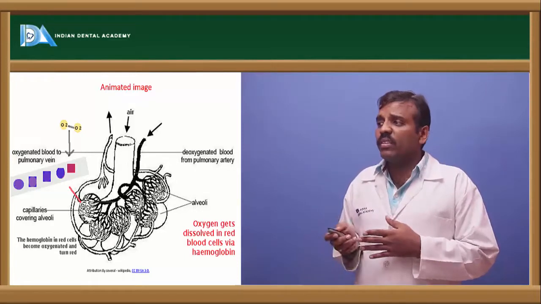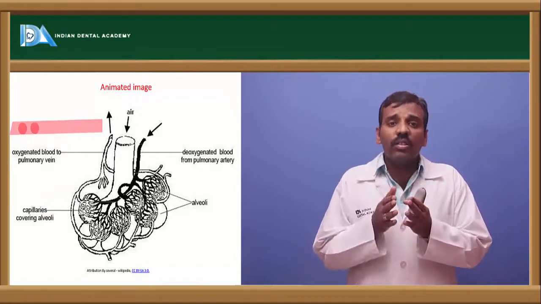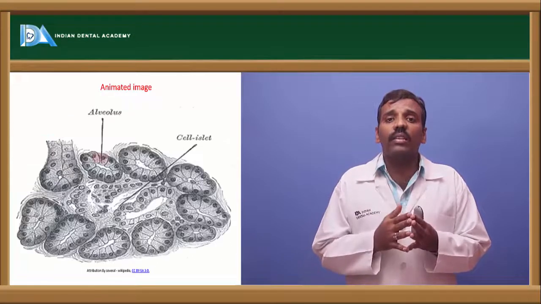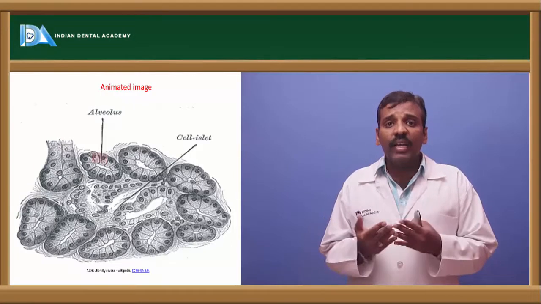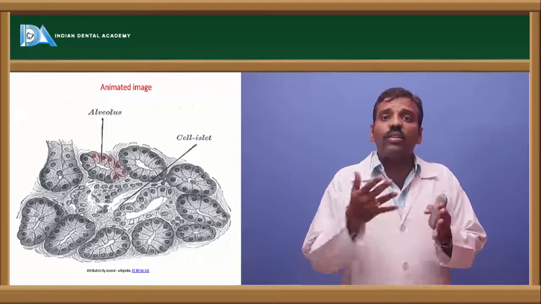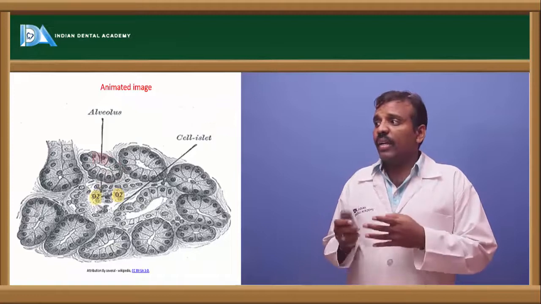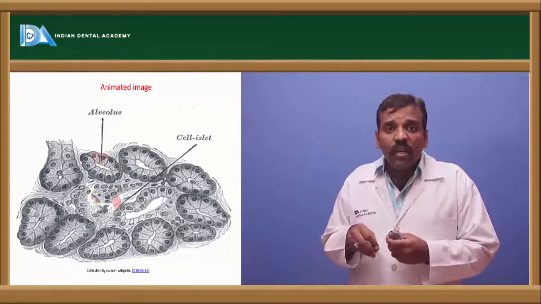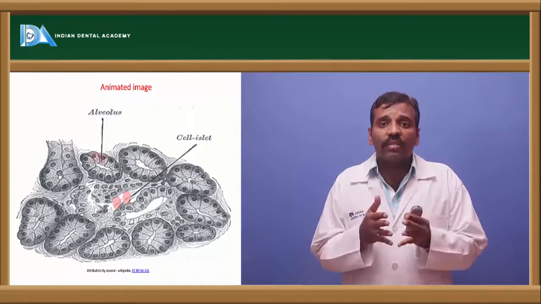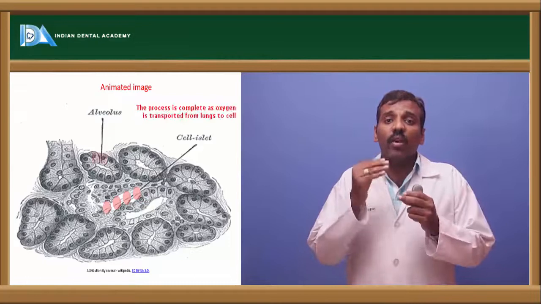If you see this, first from the deoxygenated blood, the carbon dioxide is released out into the alveolar sacs, and immediately the oxygen binds with the blood, in the sense with the hemoglobin. And next, in the alveoli, the oxygen is separated from all the gases and binds with the hemoglobin at the alveolar sacs.